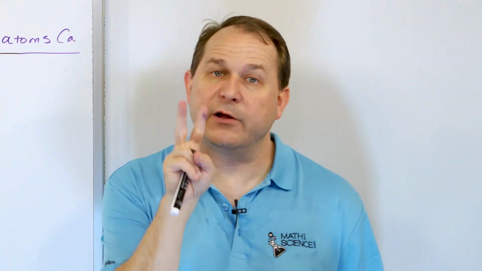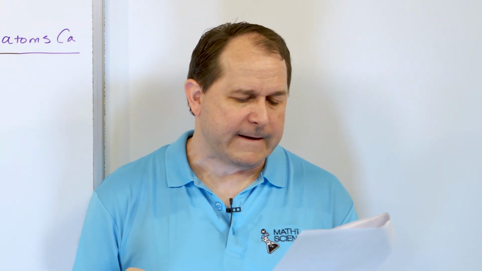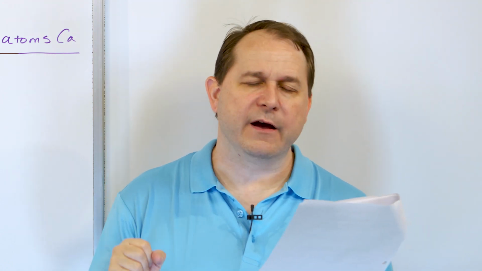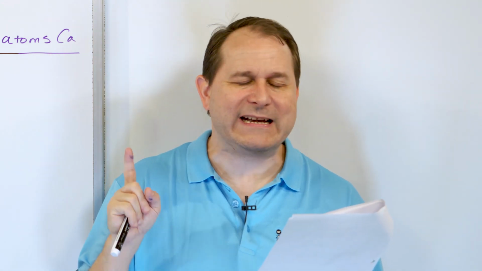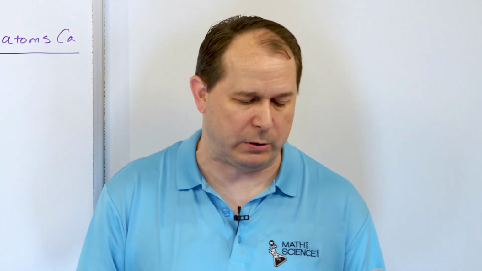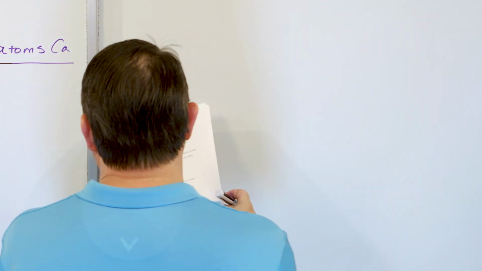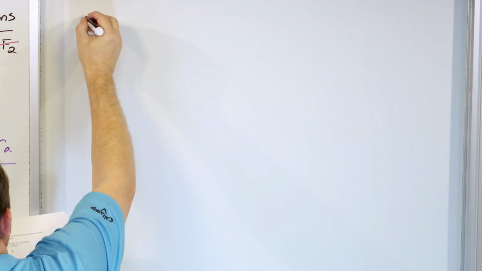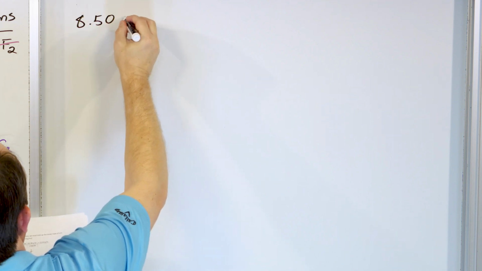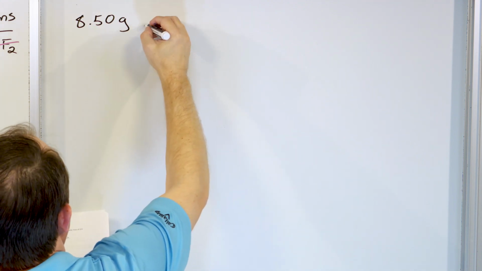Now for each of the following 2 problems that we're going to do here, we want to calculate the mass of sodium contained in an 8.5 gram sample of what I have here. So I have 2 things here. The first one is an 8.50 gram sample of sodium chloride.